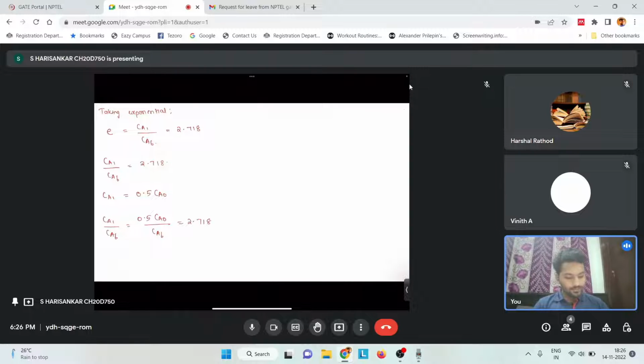So CAF will be 0.5 CA0 by 2.718, and that will be approximately 0.184 CA0.